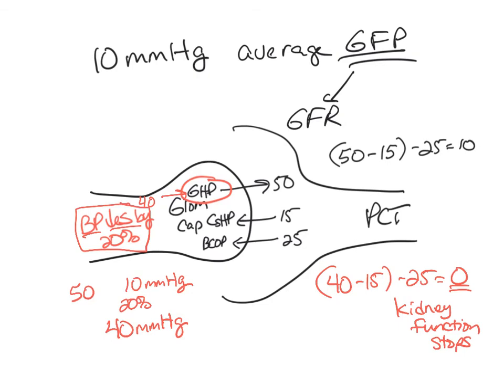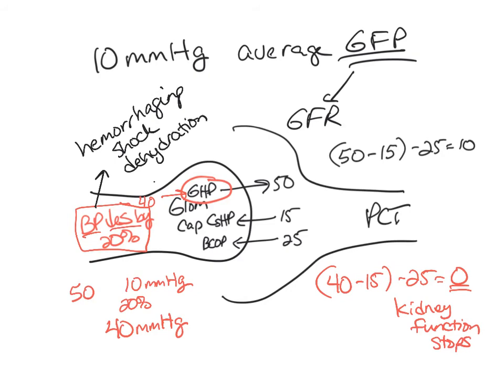It's not a normal thing that happens, but it can happen because of things like hemorrhaging, losing a lot of blood. Your blood pressure is going to drop. Shock, which is blood pressure dropping very rapidly. Dehydration, where you just don't have enough fluid to give you enough blood pressure.